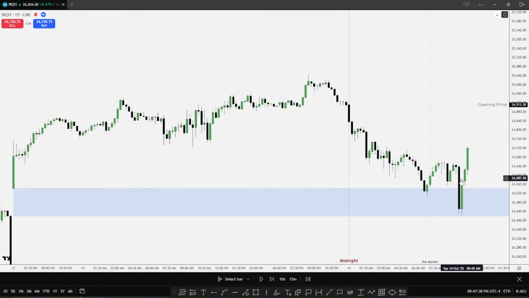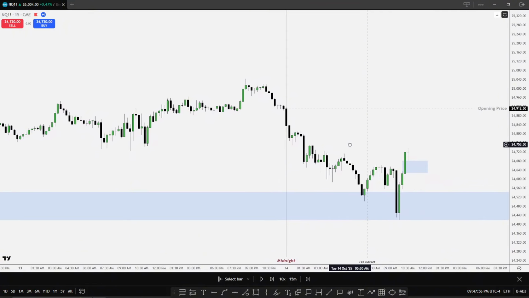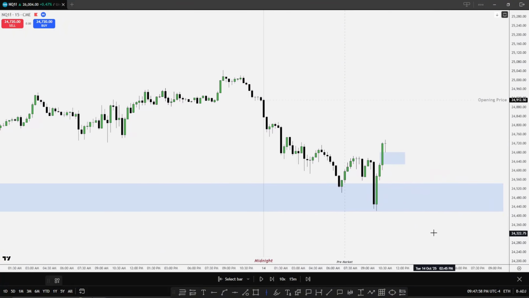So 9:30 had a manipulation to the downside, taking out sell side, ran higher, had a change in state. Now it puts in a bullish fair value gap. So this is looking like the 2022 model in his mentorship. And then now, yeah, this is the 10:30 mark.